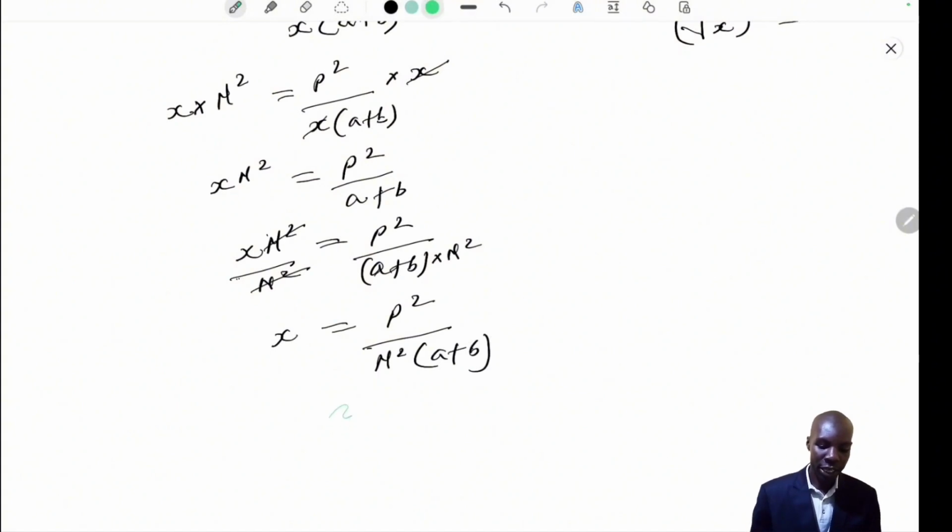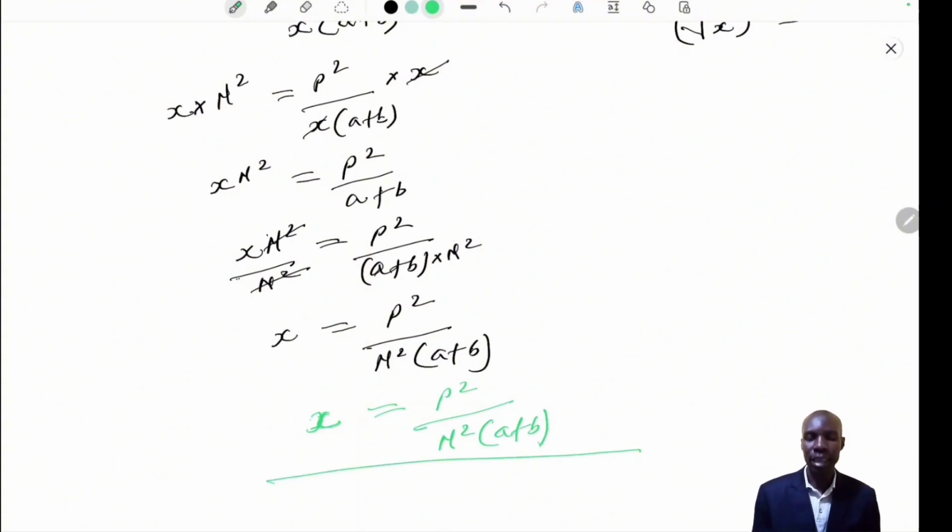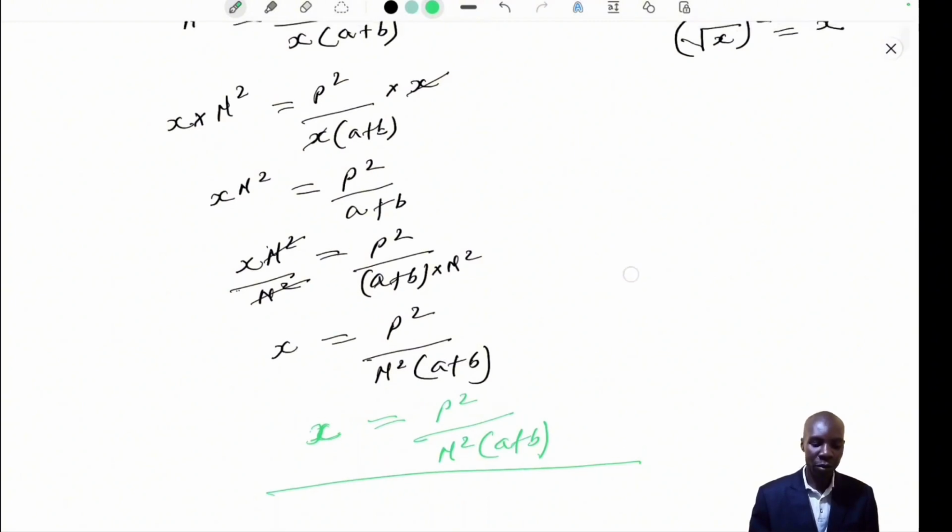So our final answer is x being given by p squared over n squared in bracket a plus b. And this is now the answer. We've made x the subject of the formula.